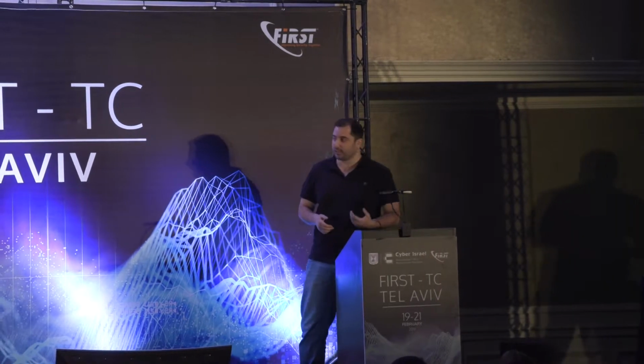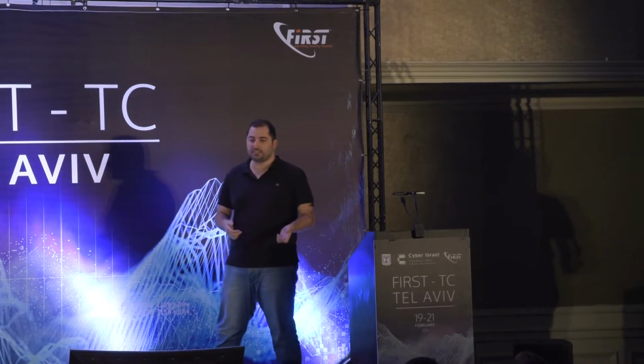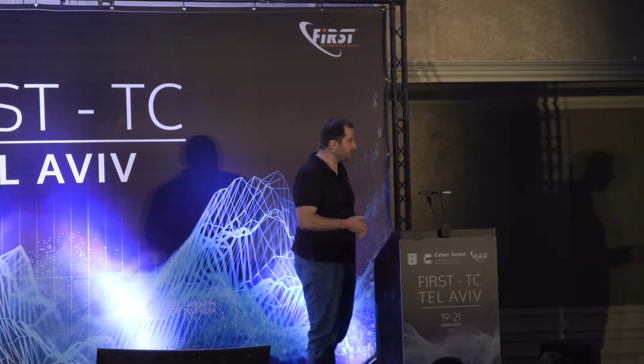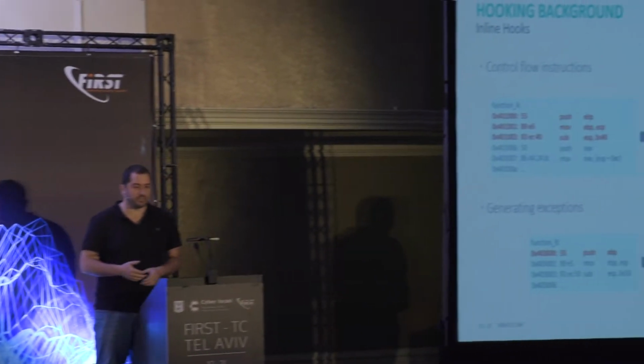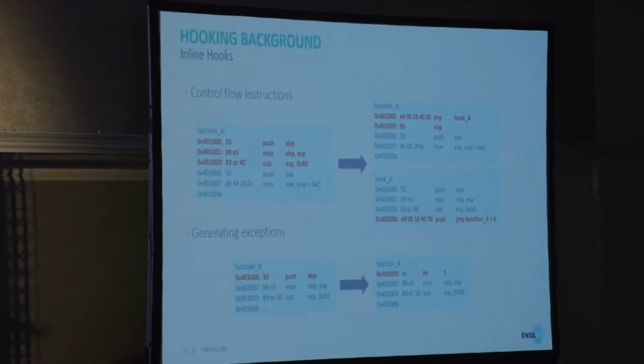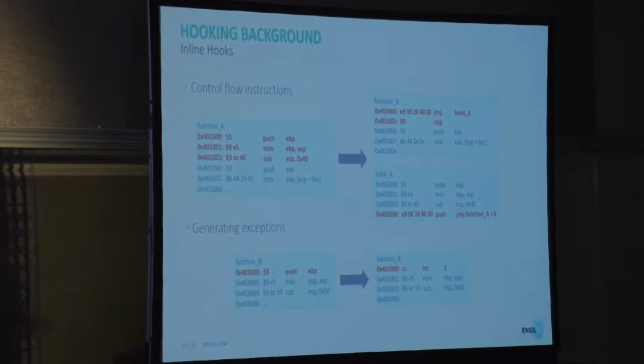And how it's actually done, besides IAT hooking, which I won't get into today, usually inline hooks are being used. They're also called detours for some of you that are familiar. This kind of hooking is done in a couple of ways.